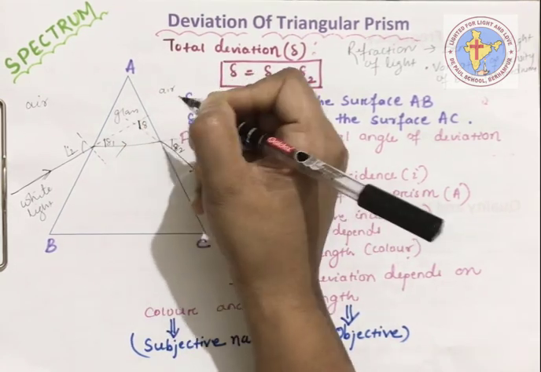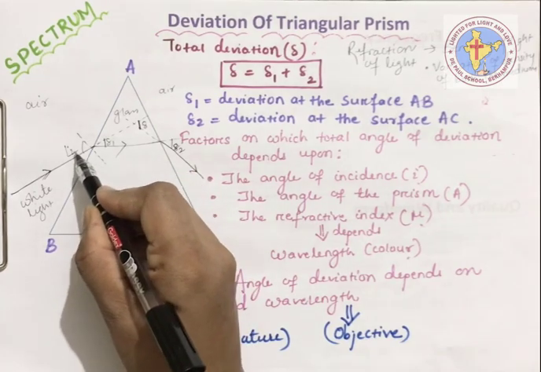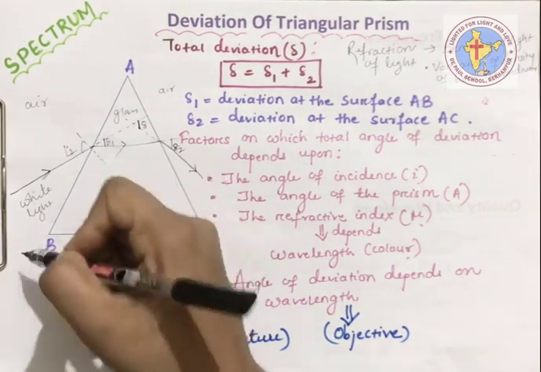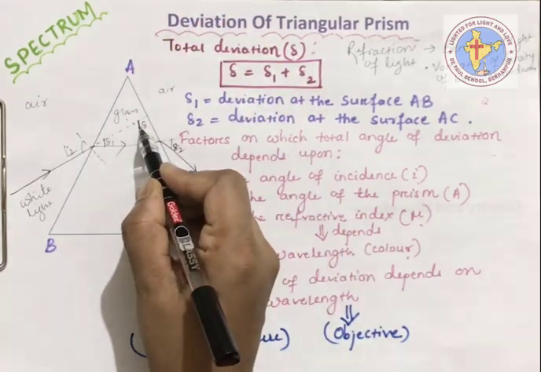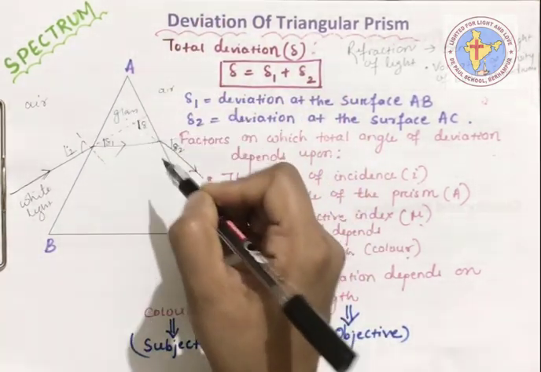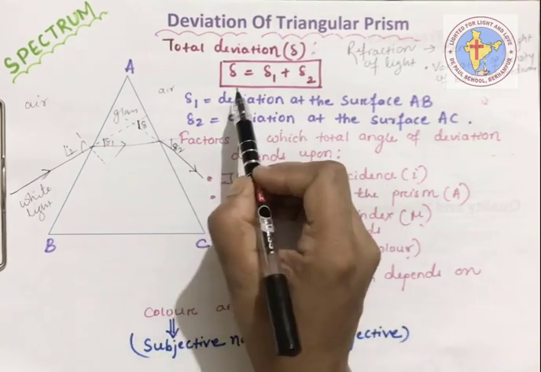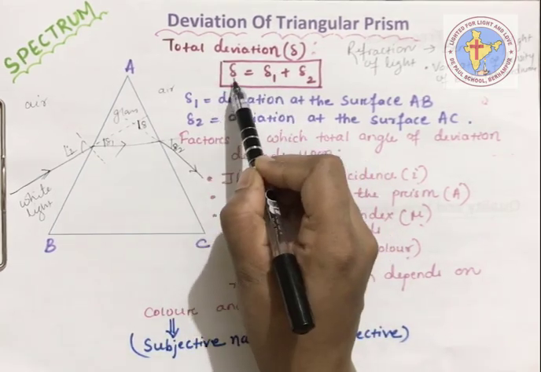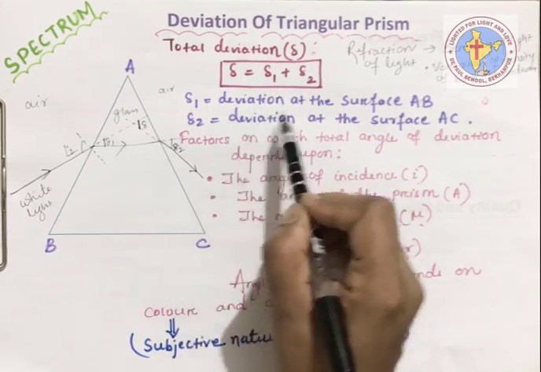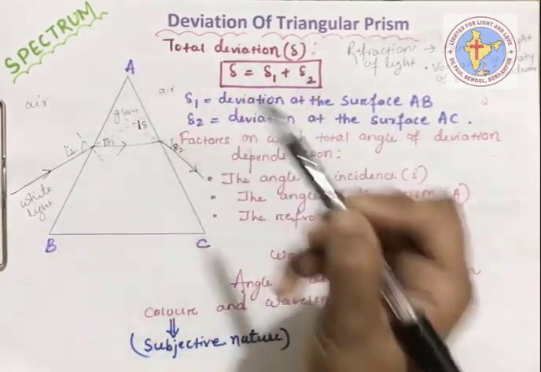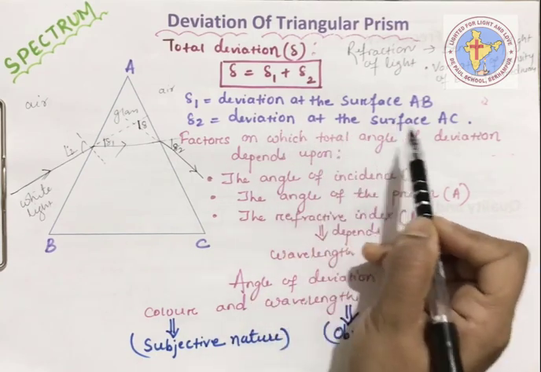So this is the angle of incidence, this is deviation 1 for this surface, this is deviation 2 for this surface. So total deviation is delta equals delta 1 plus delta 2. Delta 1 is the deviation at the surface AB, and delta 2 is the deviation at the surface AC.